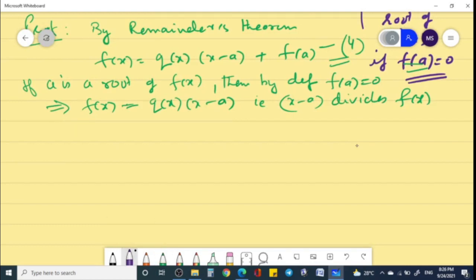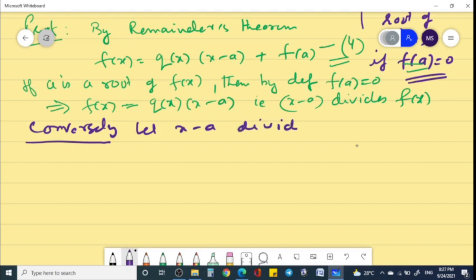Now we can take the converse. Let x minus a divide f(x).